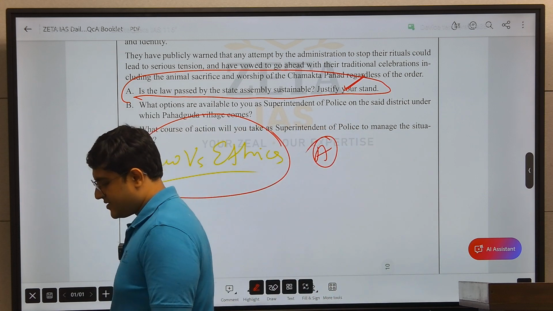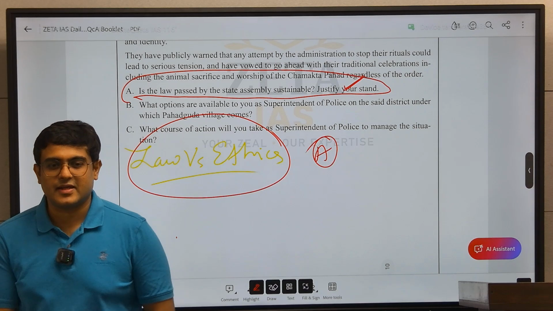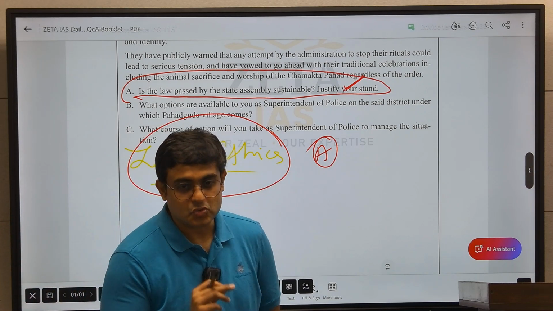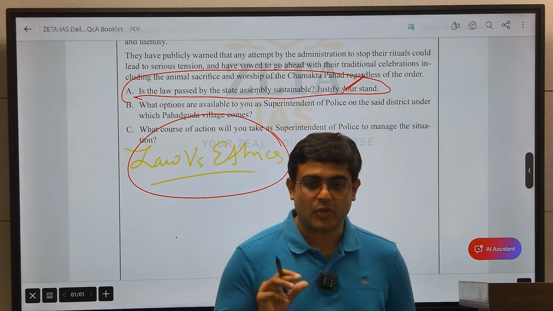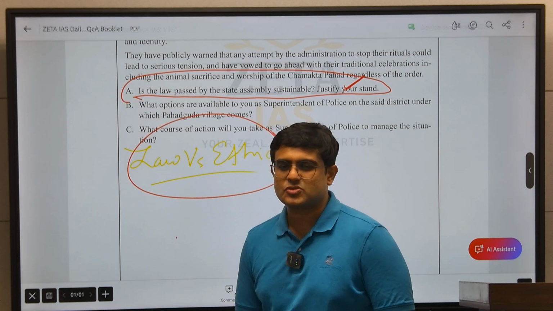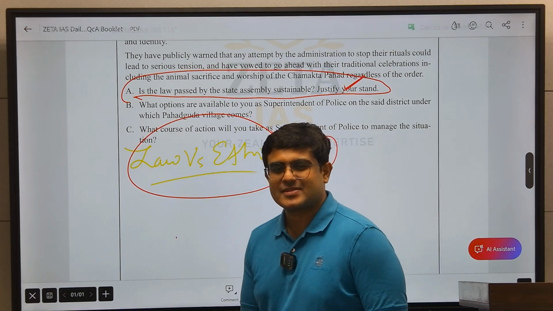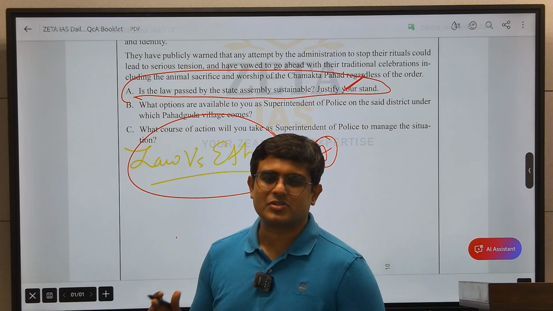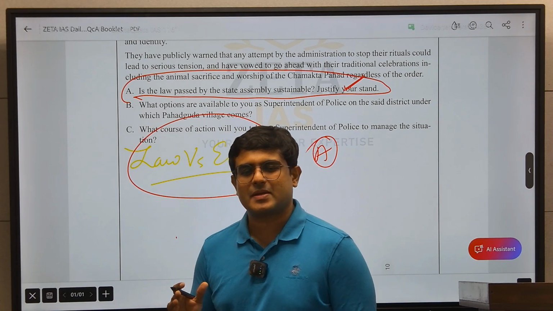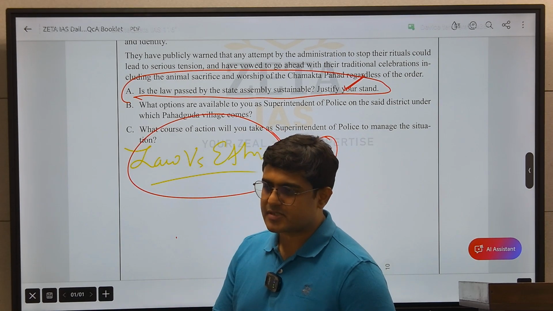See, this is a question in ethics, not in GS2. So be mindful of writing all this. If you write GS2 specific, you may get some marks, but not the marks you need to clear the mains examination with that substantial leverage.